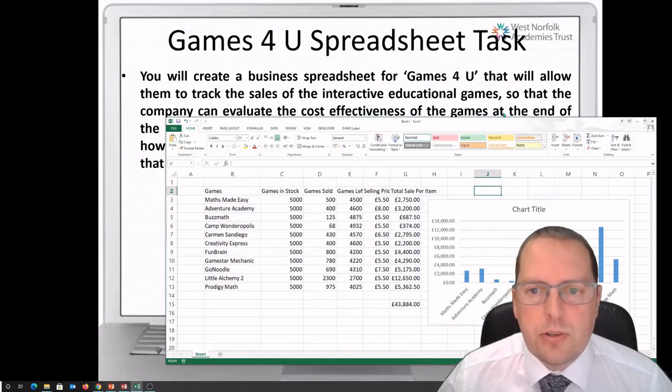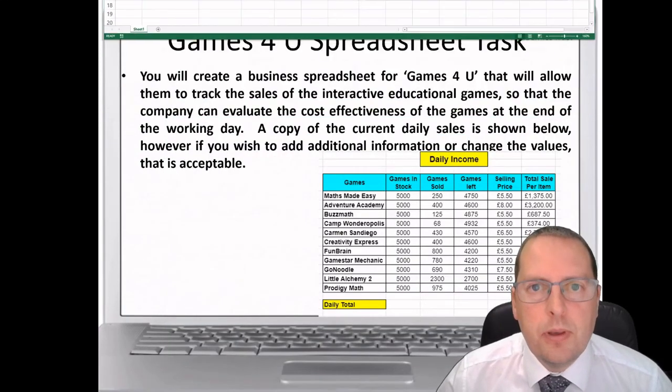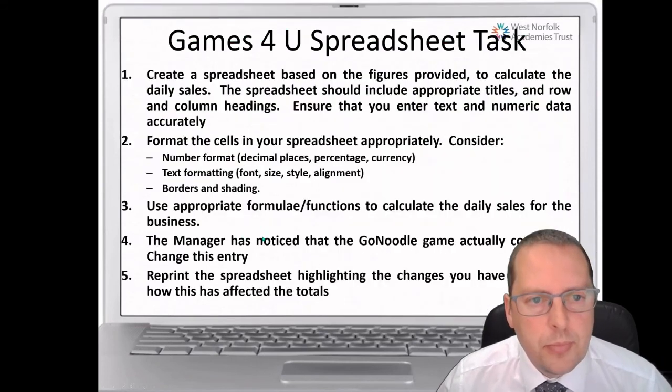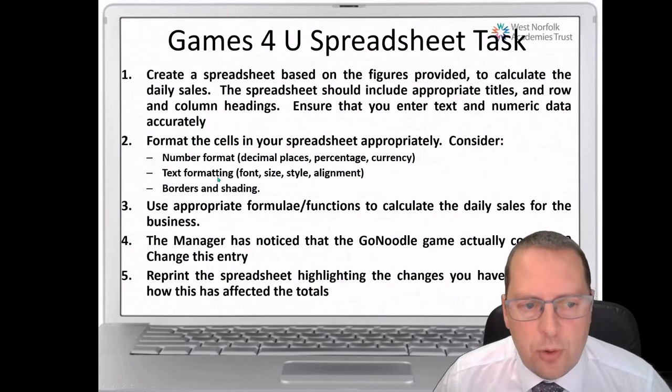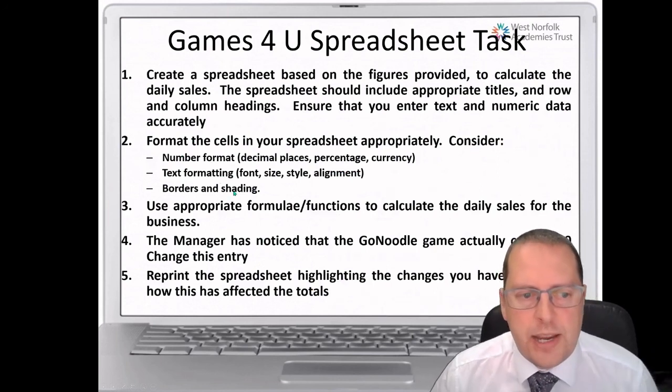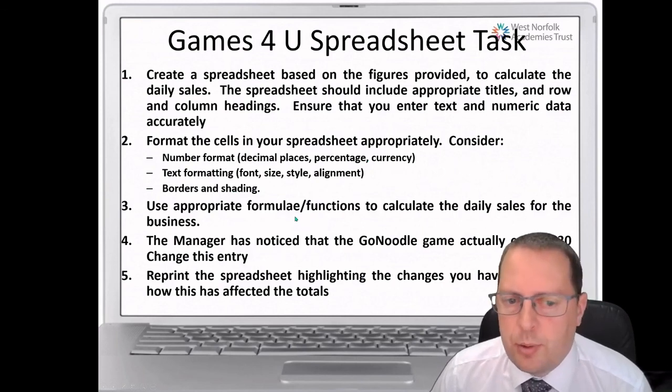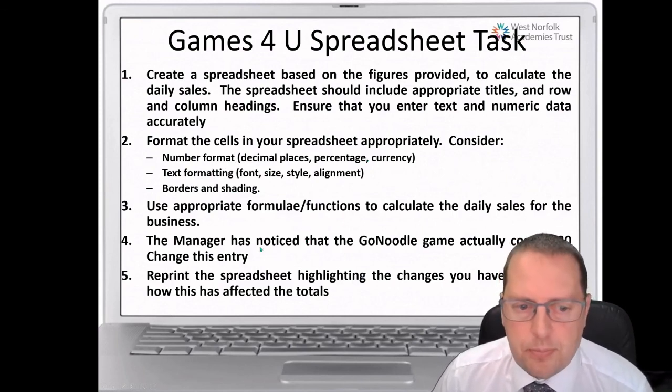So going back to the PowerPoint, you need to create this information here. You need to format the cells with borders and shading, text formatting, formatting the numbers for decimal place and currency. Use formulas and functions in your work, and then you can make a change.